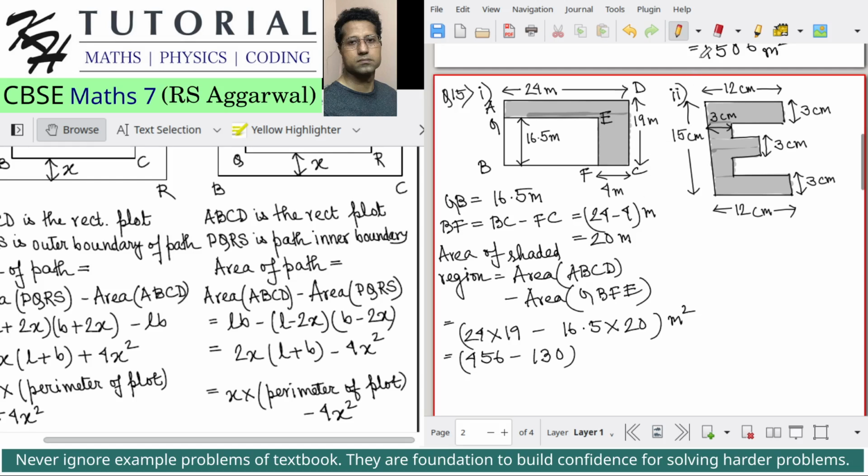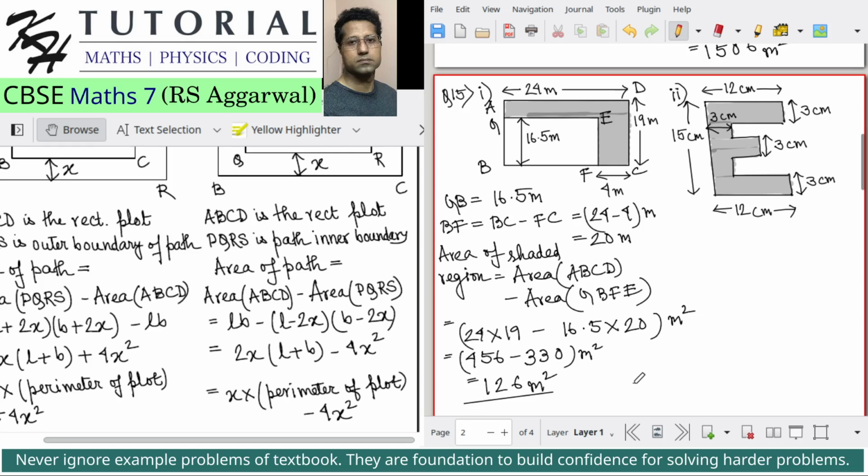No, this is not 130, but this will be 330. Okay, so this much meter square, which is equal to 126 meter square.